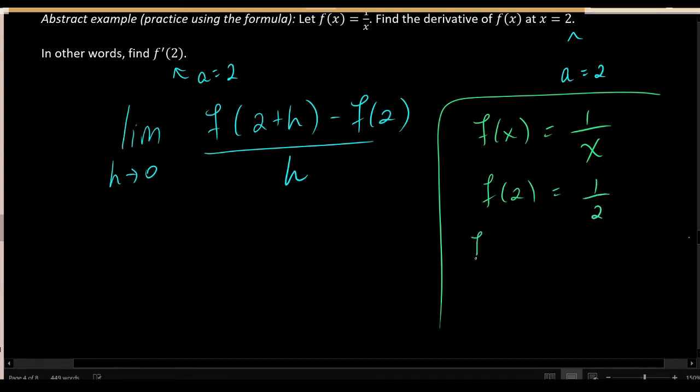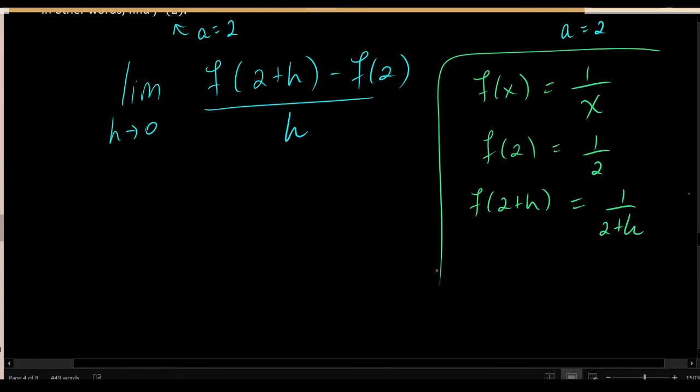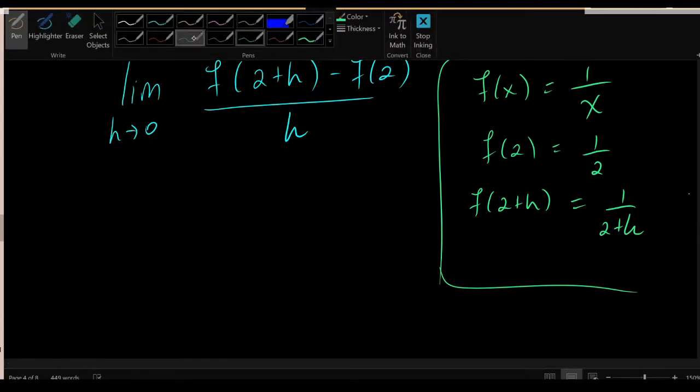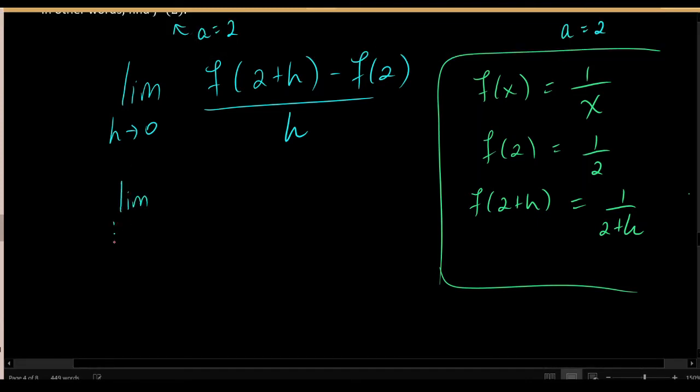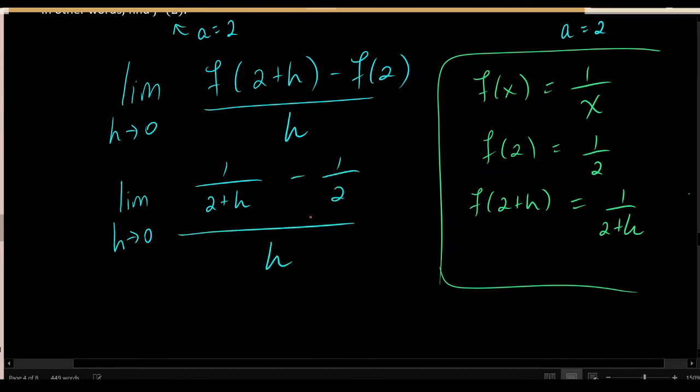And f with a 2 plus h in it would have to be 1 over 2 plus h. So, having made note of that, let's stick that into the difference quotient formula. f of 2 plus h is 1 over 2 plus h, minus f of 2, all over h.